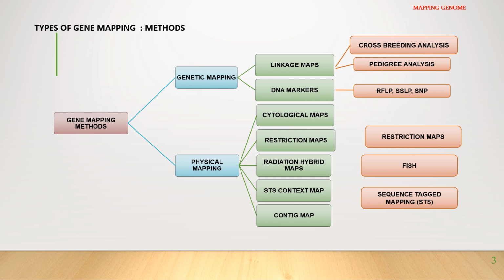A genetic map can be made by using linkage maps and DNA markers of different types. Physical maps are made using restriction maps, sequence tag mapping, FISH techniques, radiation hybrid maps, and contig maps.